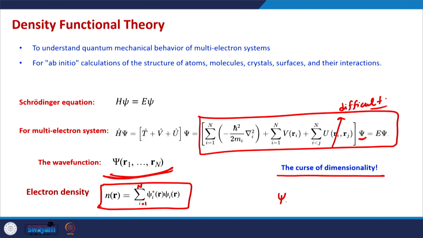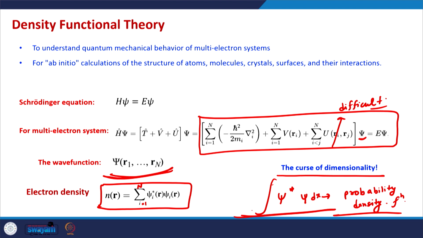If you remember, psi star psi is known as the probability density. If we integrate this over space, this gives us the probability that an electron will be found in a certain region of the space.